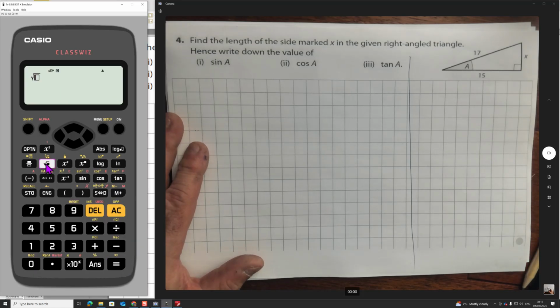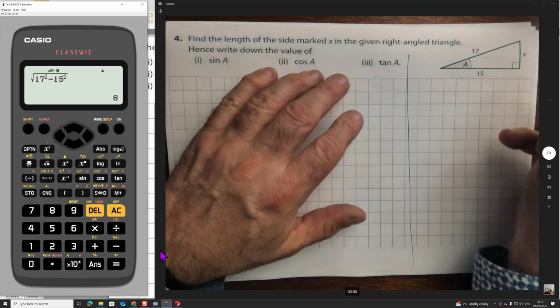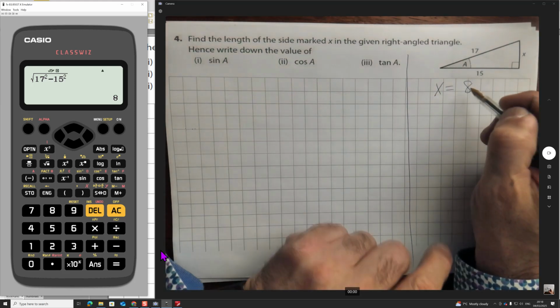We'd go with the square root of the hypotenuse squared, and the minute you hear hypotenuse squared going into Pythagoras, you know it's a minus 15 squared. And like I said, I know it's 8, and I'm going to tell you a little bit of a story now. Okay, so x equals 8.